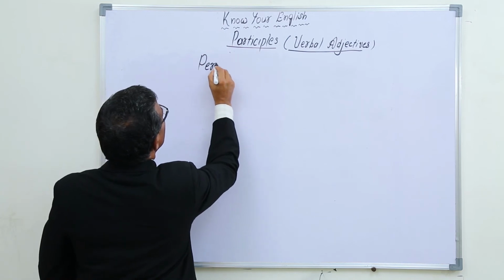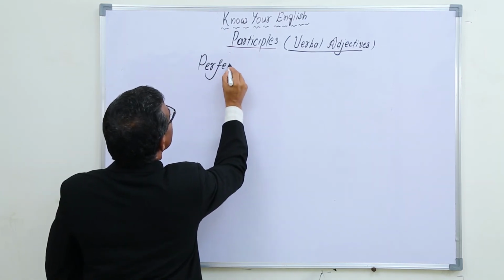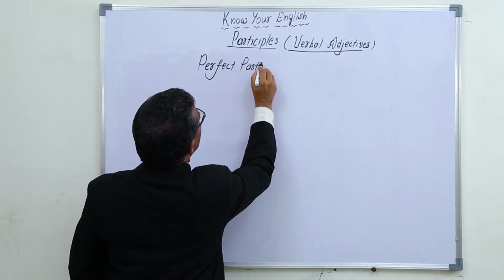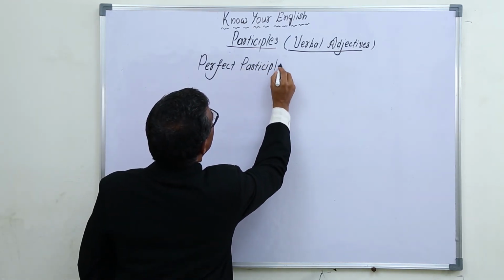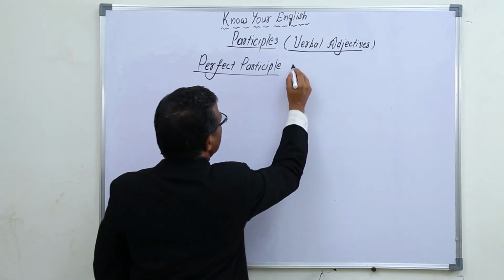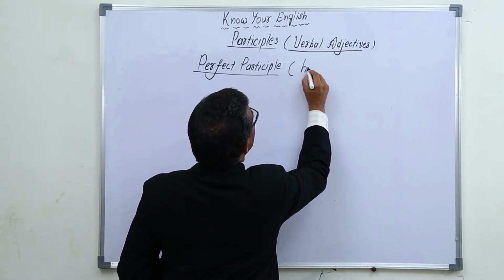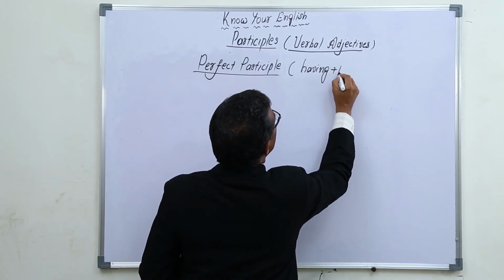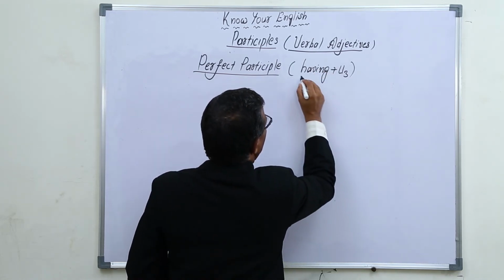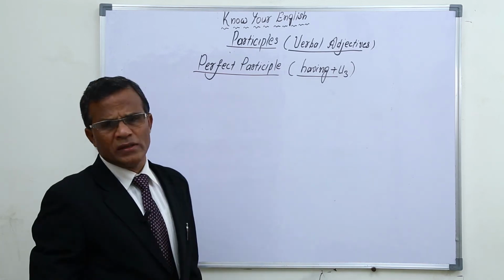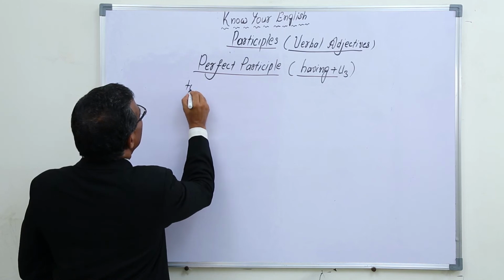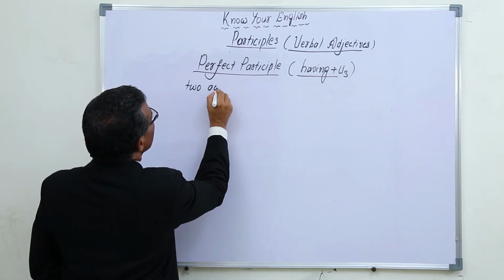Perfect participle, which is having plus V3. This is especially used when two actions are there in a sentence.